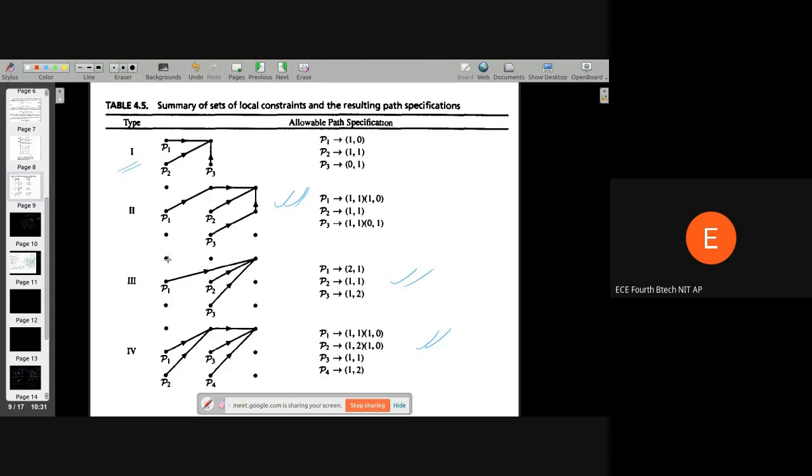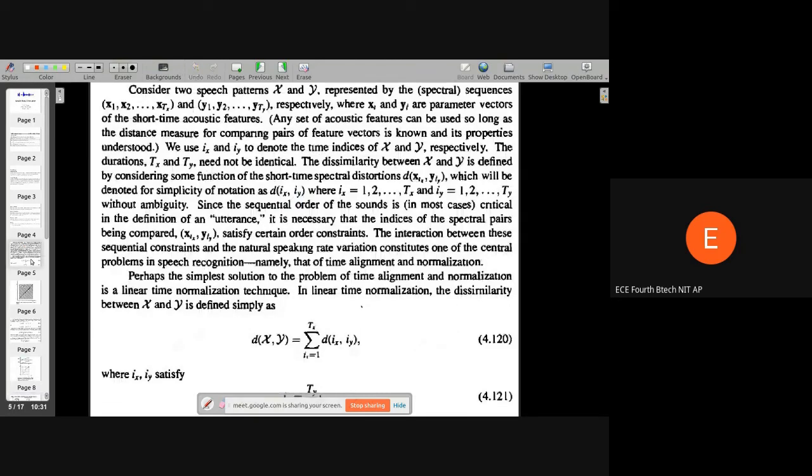So with that, let's go to the formal definitions of DTW. So what we have are two patterns, X and Y. We have two sequences of vectors, one of length tx, another of length ty.